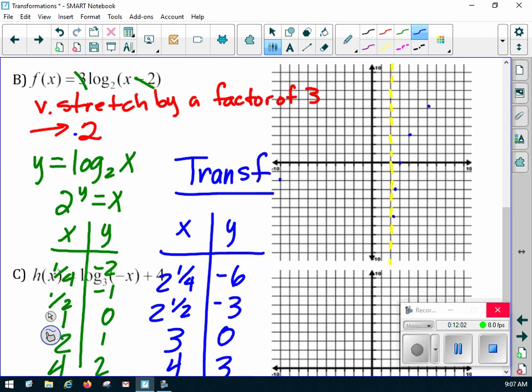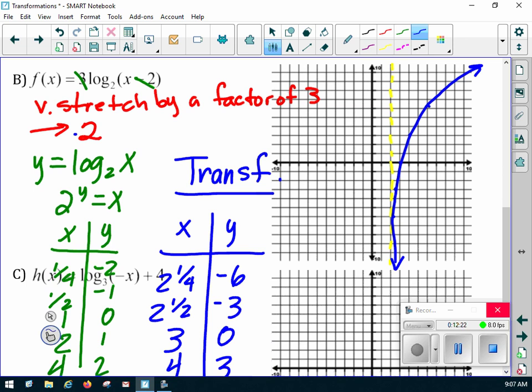And draw your picture. Why is this one so stretched out? Because it's got a vertical stretch on it.